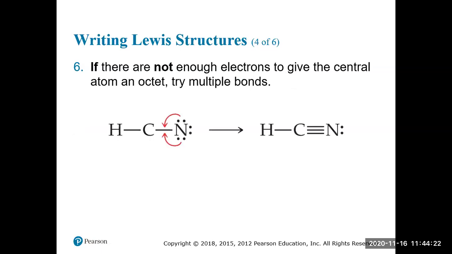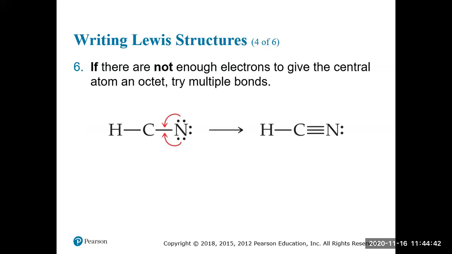Let's take a look at some examples of what you would do in this case. So for HCN, hydrogen cyanide, we have carbon as our central atom. Because carbon is a 4A element, we know that we would be starting with 4 electrons there.